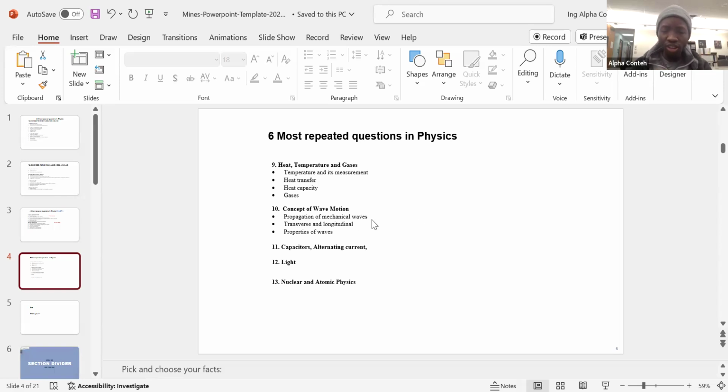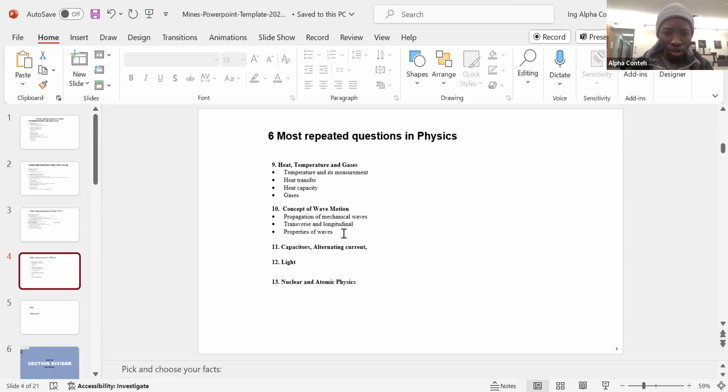You should also be able to take note of the difference between transverse waves and longitudinal waves, because there is a basic way to differentiate them. Transverse waves travel perpendicular to the direction of vibration of the medium, while longitudinal waves travel parallel to the direction of vibration of the medium. So this again must be considered.